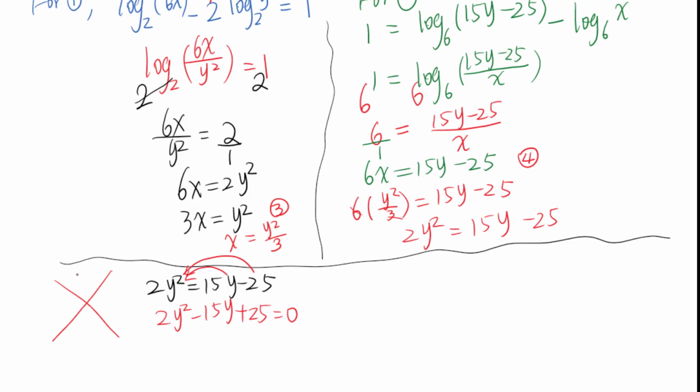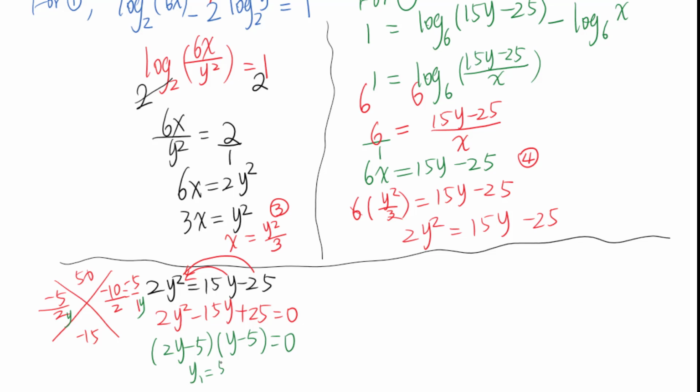Factor by the ninja method: 2 times 25 is 50, negative 5 and negative 10, reduce to negative 5 over 1. The variable is y. So we have (2y minus 5) times (y minus 5) equals 0.